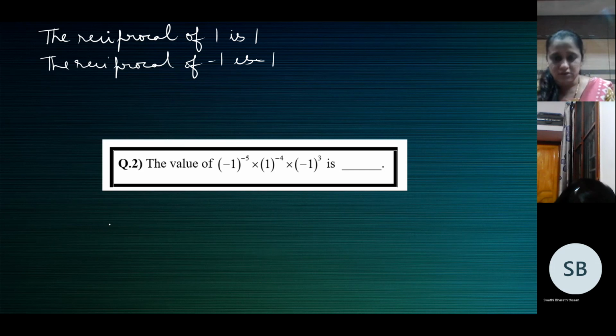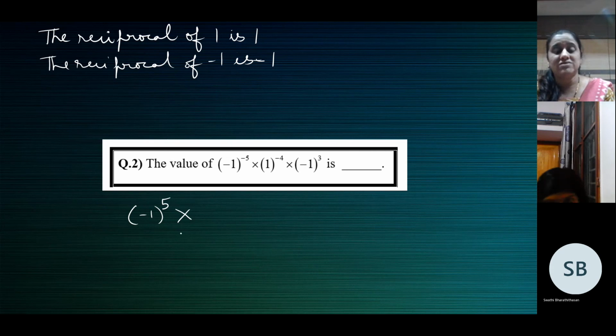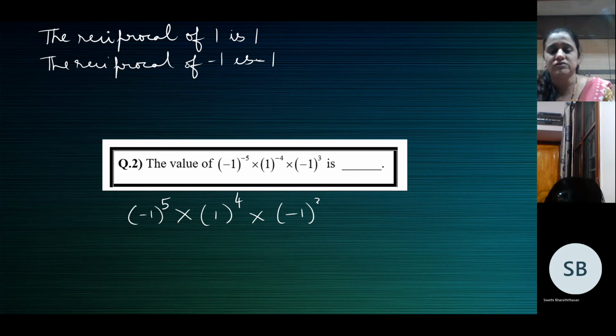So now the first part. The power is -5. So reciprocal of the base, -1. Negative of the power, 5. Into reciprocal of the base, 1. Negative of the power, 4. There the power is already positive, so let it remain. Is this understood, children?